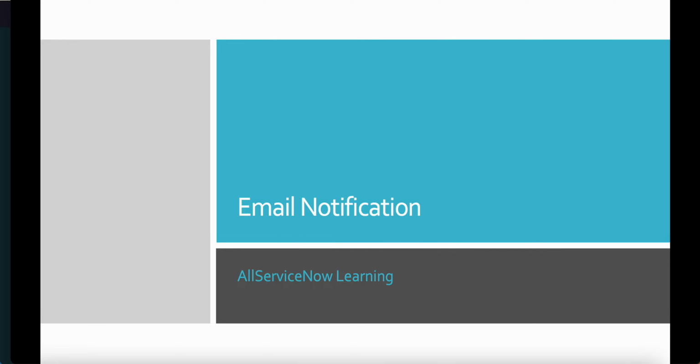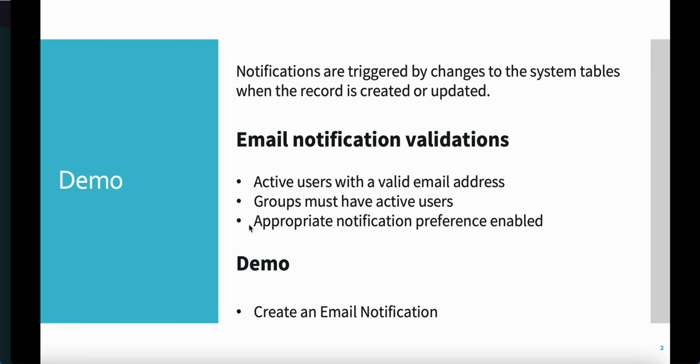Today we will be covering the email notifications. Email notifications are usually triggered by changes to the system tables or when a record is updated or created. So usually what you want to check when you have the email notifications go out is that it's going out to active users who have an email address.